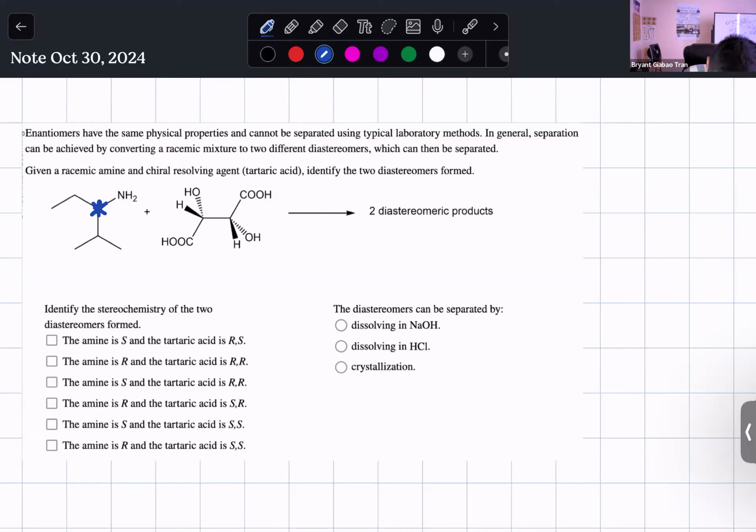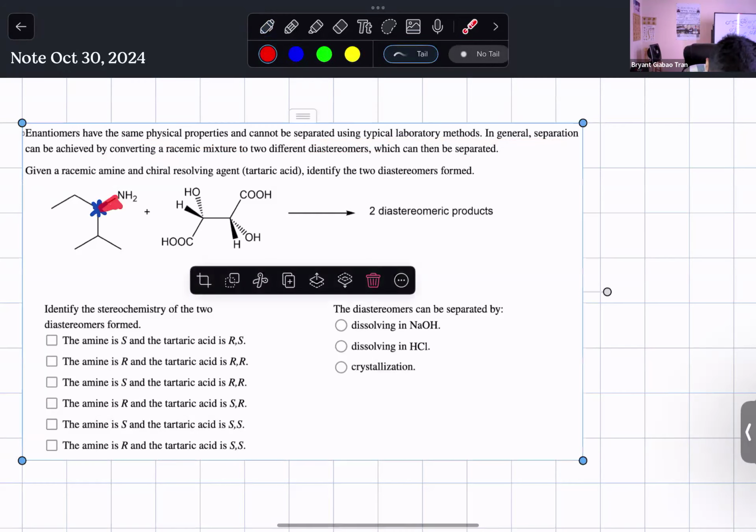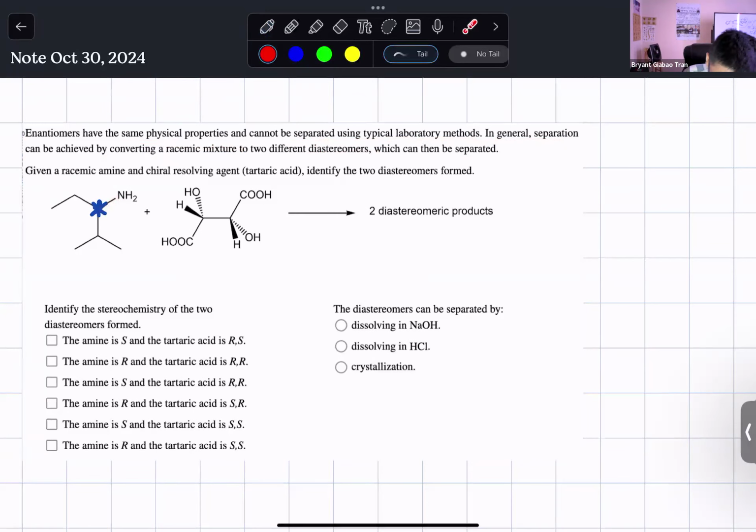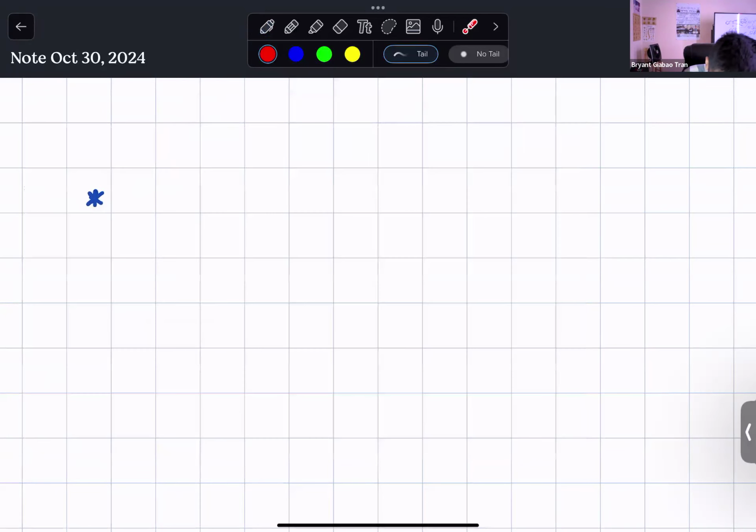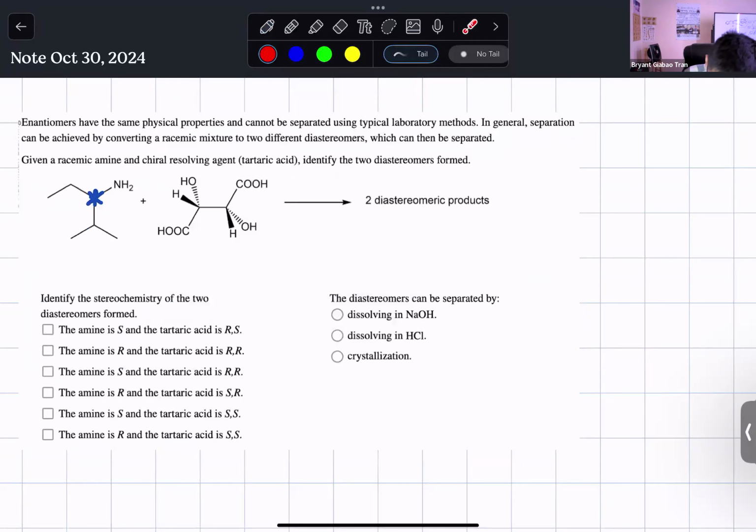So the racemic amine is saying that one half of the mixture is a wedge, the other half is a dash. And a chiral resolving agent, tartaric acid, identify the two diastereomers formed.